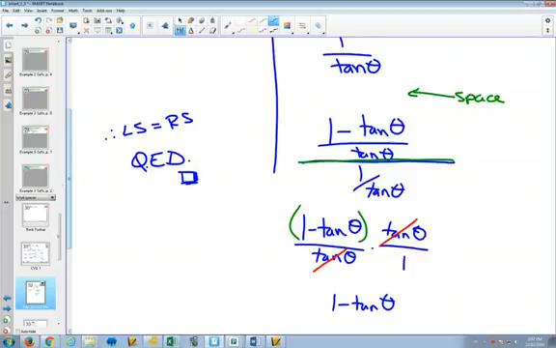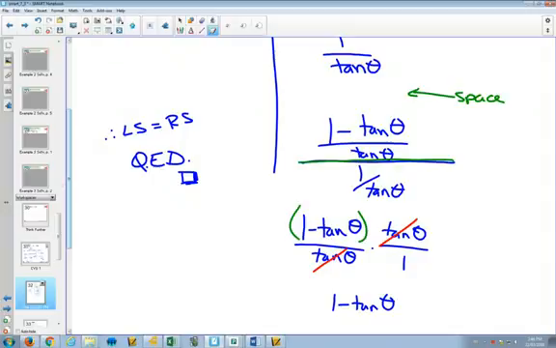And we're done. Now, what I like about this question is it teaches you that it's a good strategy to change things on one side of the equation to the same function as the other side of the equation. And we did that by changing the cotangents to tangent.